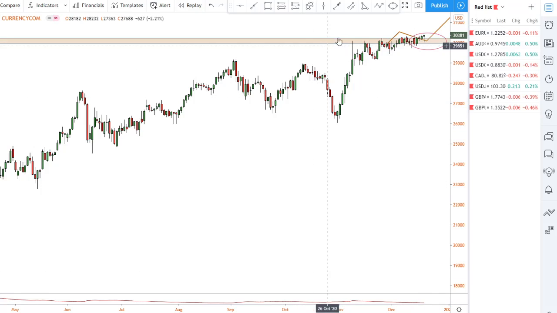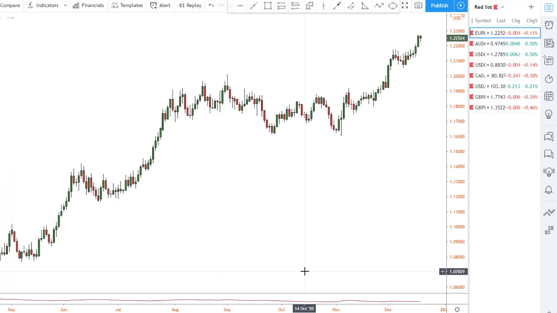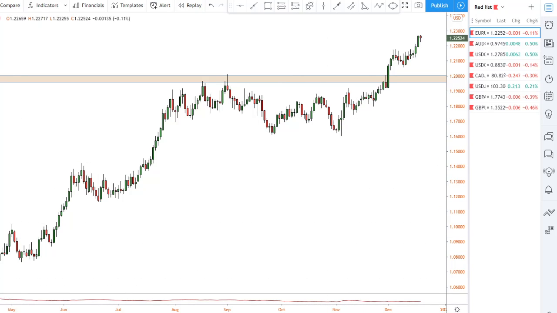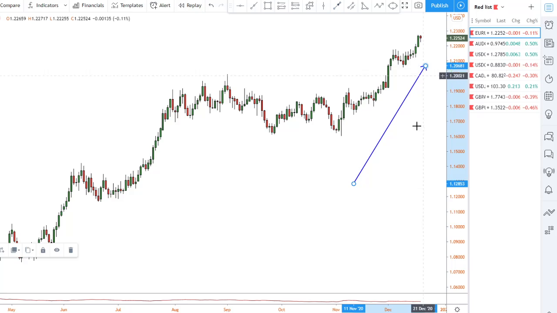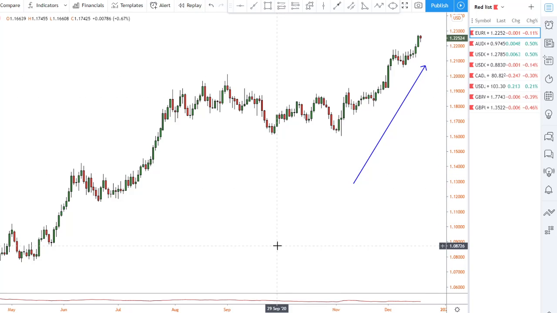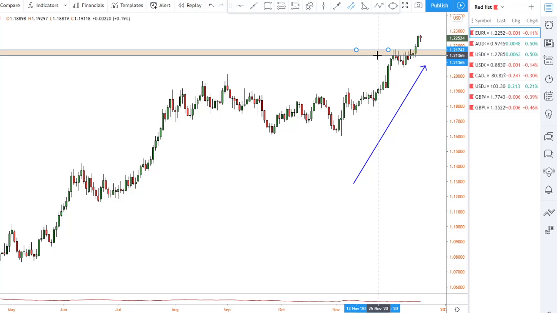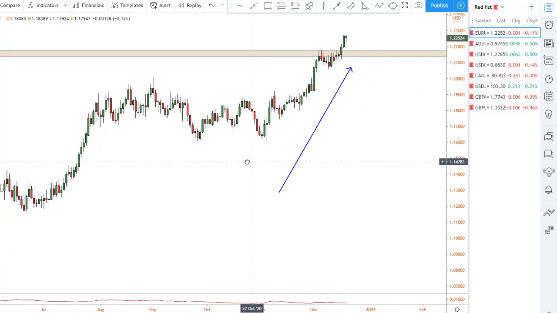Okay, the first pair that I have shortlisted is the Euro Dollar. As you can see, this is clearly in an uptrend, right? Next, we're only looking for buying opportunities in this particular pair, and the zone of interest that we are interested in is this one here.